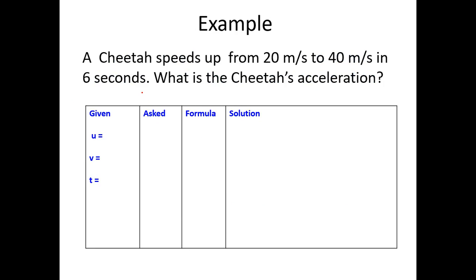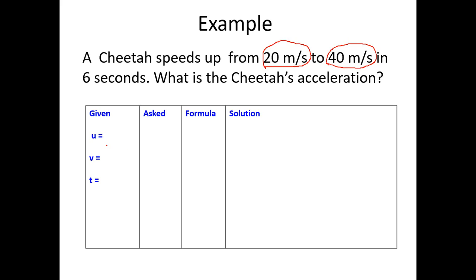Here we go. The second example says a cheetah speeds up from 20 meters per second to 40 meters per second in 6 seconds. What is the cheetah's acceleration? This is pretty much similar to the previous problem. In this problem, you are given two velocities or two speeds, 20 and 40 meters per second.